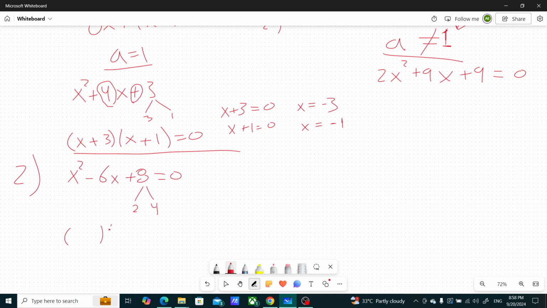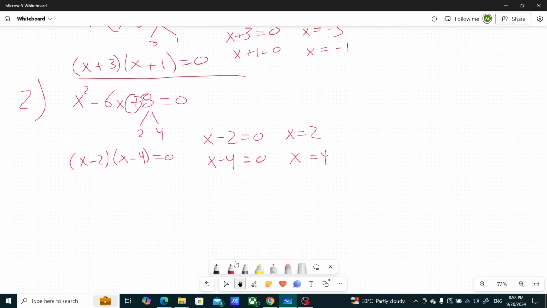So very easily I will do both brackets, x and x, 2 and 4. And then let's check the sign. Again, this is positive, so they will both copy the middle sign. The middle sign is minus, so they are both minus. So my solutions are x minus 2 equals 0, that gives me an x of 2, and x minus 4 equals 0, that gives me an x of 4.